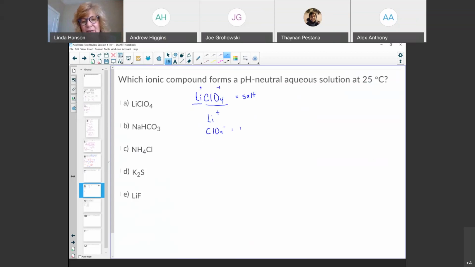Anions come from parent acids. The cations come from parent bases. So when I was talking in the lesson about parent acid and parent bases, I'm just putting an OH on the first ion and an H on the second ion to form a parent acid and a parent base.